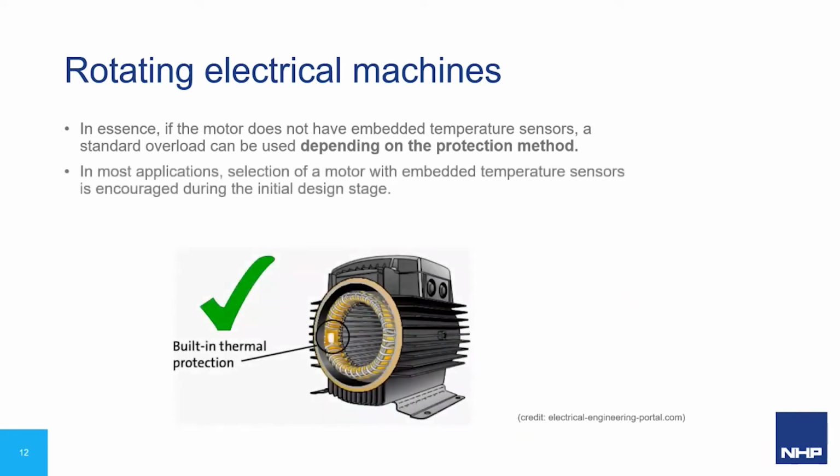Now, in most applications, getting a motor with embedded temperature sensors or PTCs is significantly easier to select for and is encouraged during the initial design stage. Now, this is especially true with reduced voltage or variable speed drive starting methods, the details of which we will be discussing shortly.